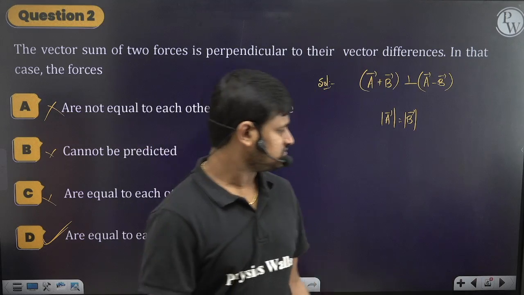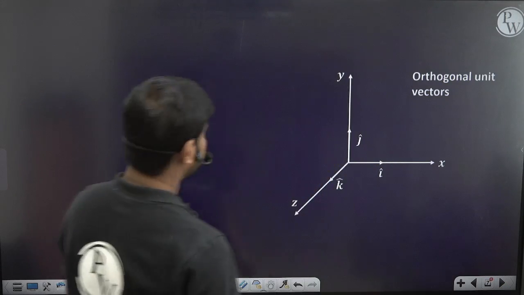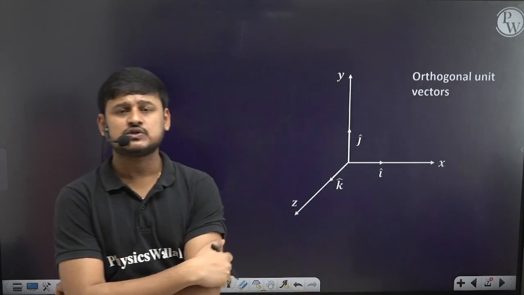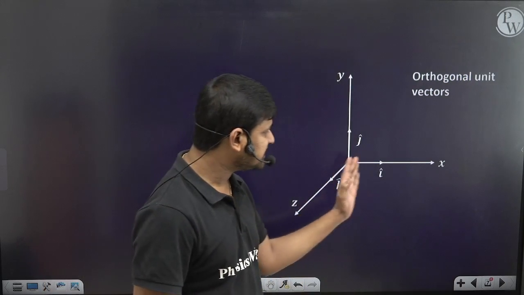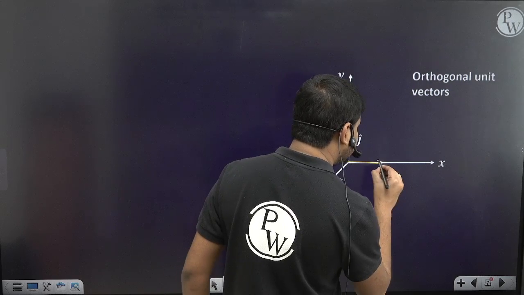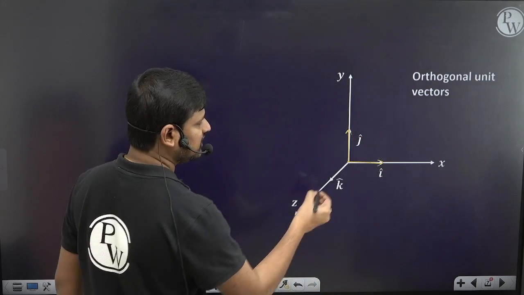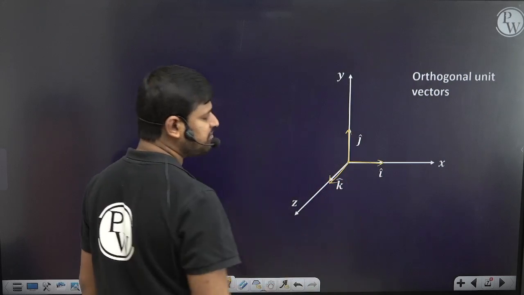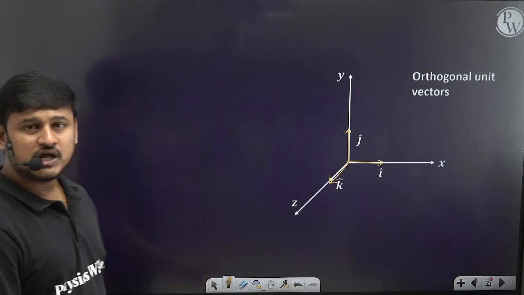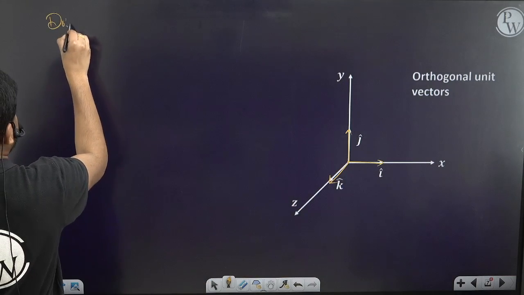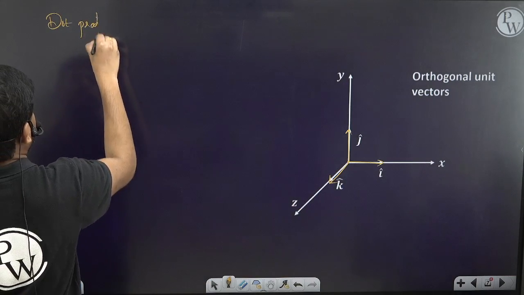Clear? Chalo, next. As we discussed earlier, we have three orthogonal unit vectors. In the x direction, i cap is a unit vector. In the y direction, j cap is a unit vector. And in the z direction, k cap is a unit vector. Now, let's write the dot product of the orthogonal unit vectors.